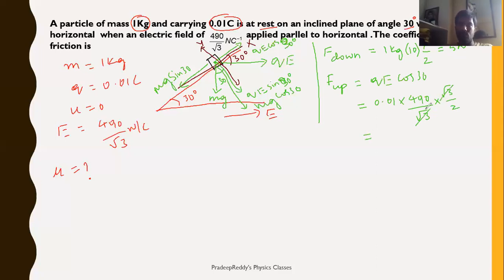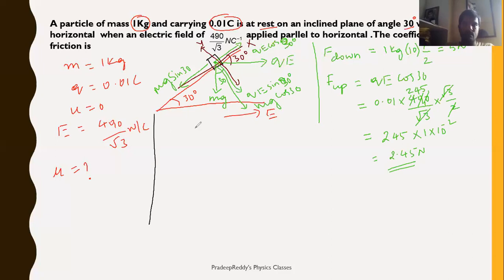This will be 245 into 10 power minus 2. This is equal to 2.45 Newton. Clearly, the upward force is less than the downward force. Therefore, the charged particle tends to move in the downward direction.